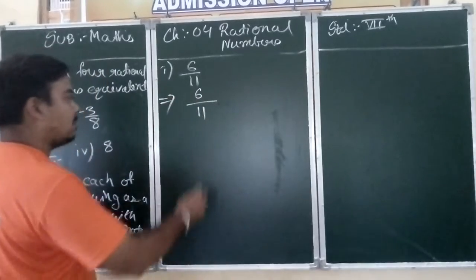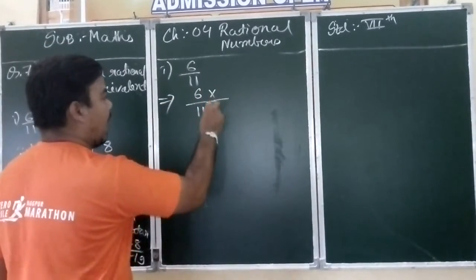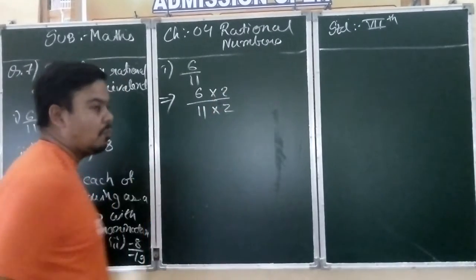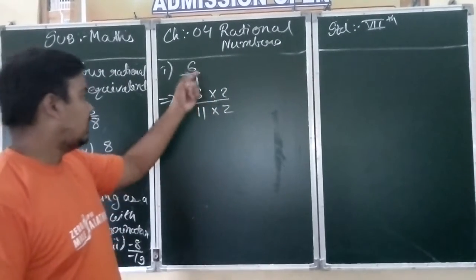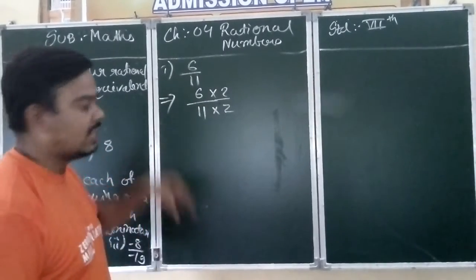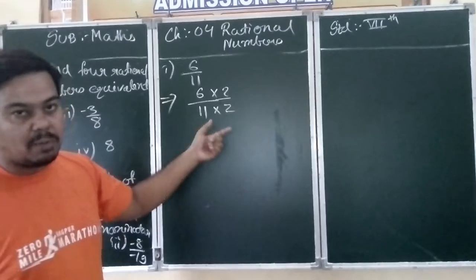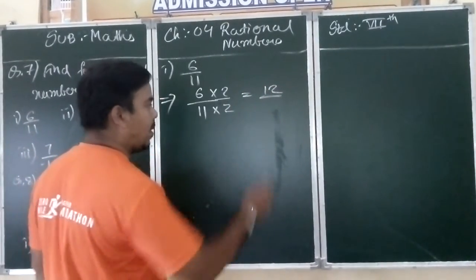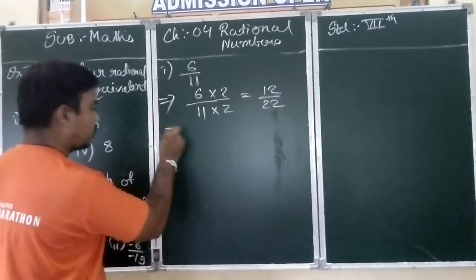So 6 by 11 multiplied by m. Now m is 2. Why don't we take 1? Because if you multiply 6 by 11 by 1, the number is itself. So we better start from 2. So 6 into 2 is 12, 11 into 2 is 22.